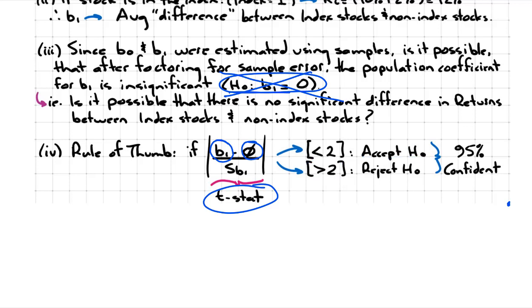Now, how confident would you be in this statement? Because here's where this is coming from. We still don't know what the population value is for beta 1. In other words, we have no idea what the true figure is for how much extra return index-based stocks make relative to non-index-based stocks.